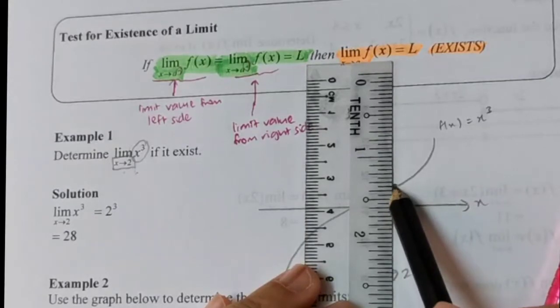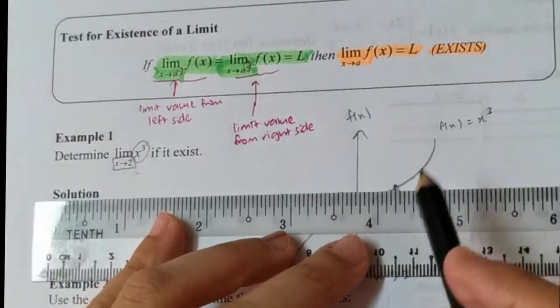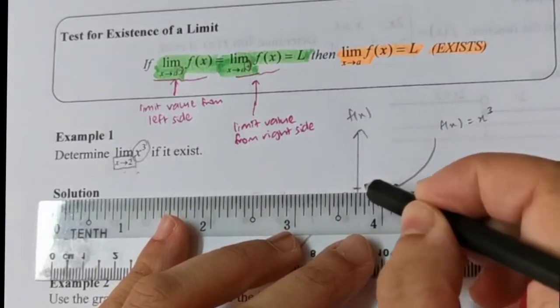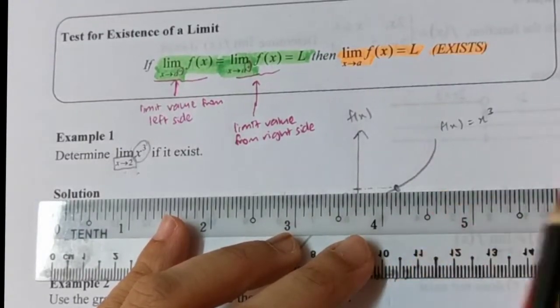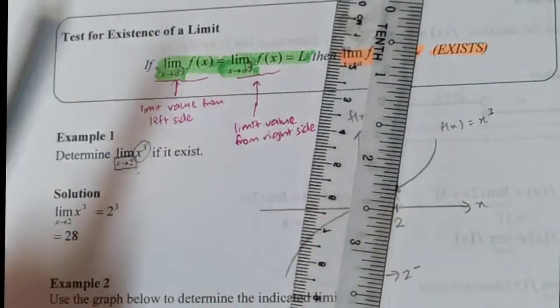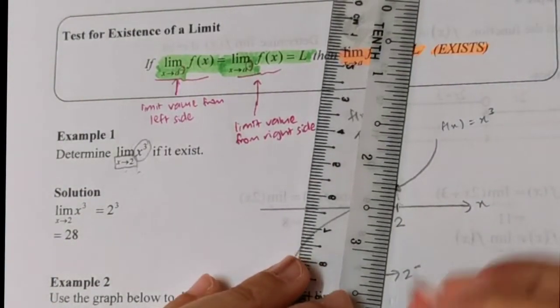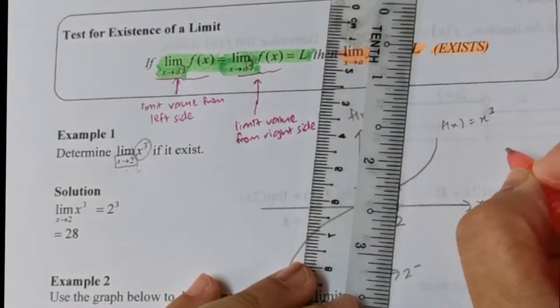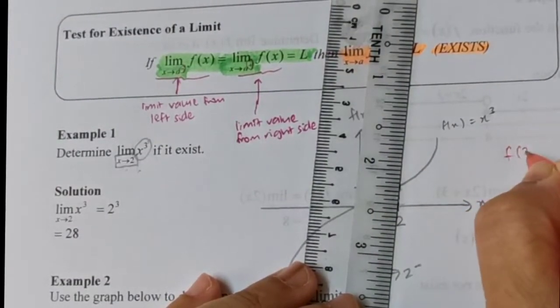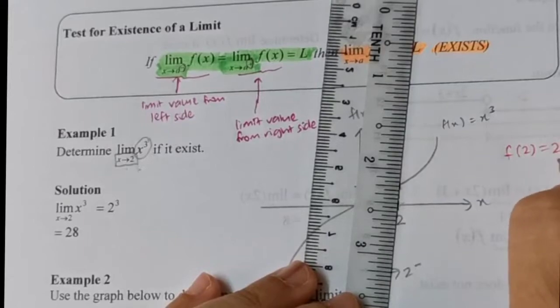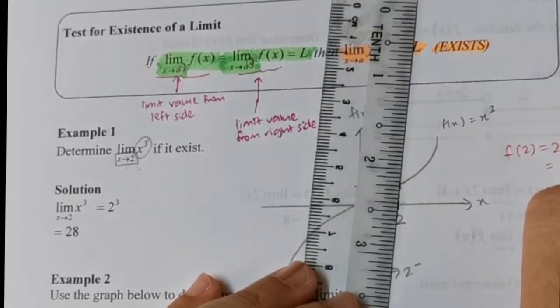When x is equal to 2, the value of y here is what we have to find. And to find that y, this is just substituting the value of 2 into the function. So I can just substitute 2 into this function. So this is 2 cubed equal to 8.